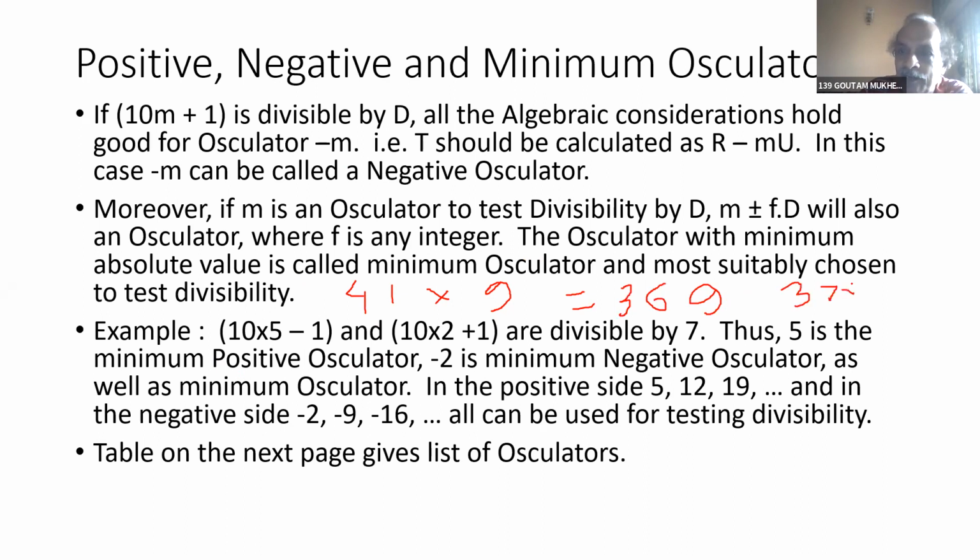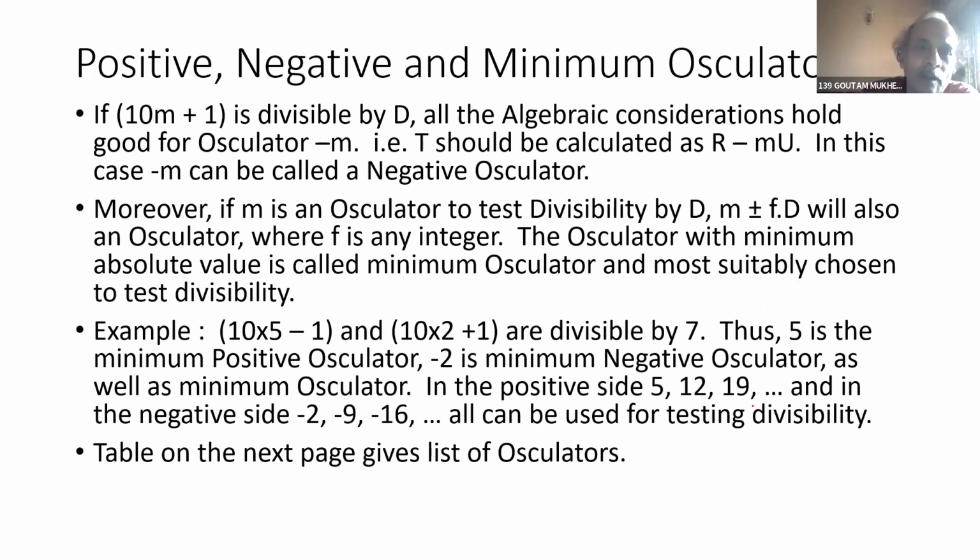37 into 10 minus 1, isn't it? There we called it Ekadhikena Purvena. Now here you are getting a different idea, but the idea is the same. So 41 into 9, the oscillator becomes 37. It is a very big number, and you have to keep on multiplying the unit digit by 37 and adding, which becomes very difficult.